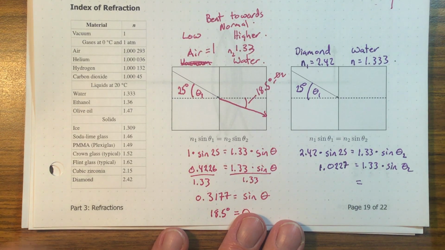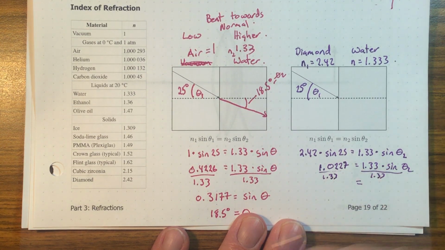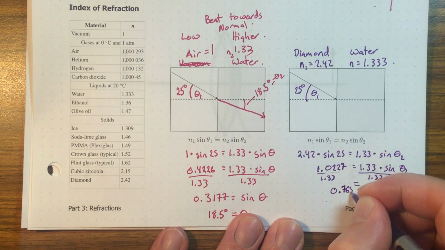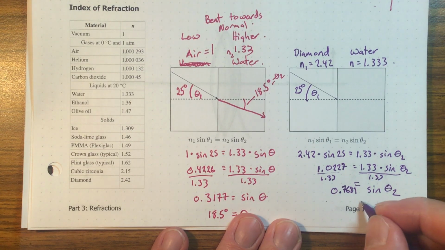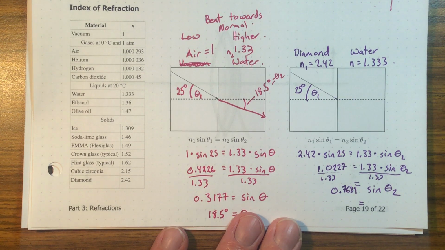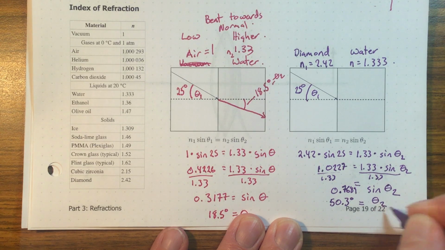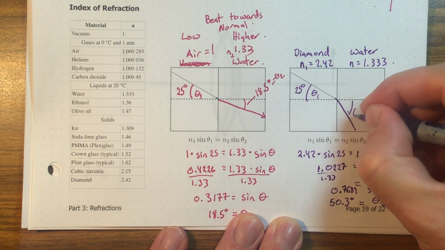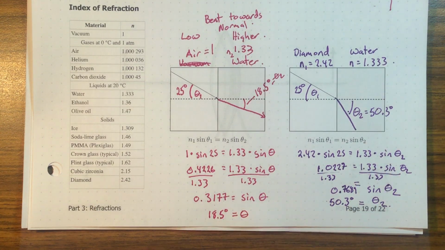Then we divide both sides by 1.33 to get 0.7689 is equal to sine of theta 2. We do our second function sine button to get 50.3 degrees. Right, it bent away from the normal. So theta 2 is equal to 50.3 degrees.